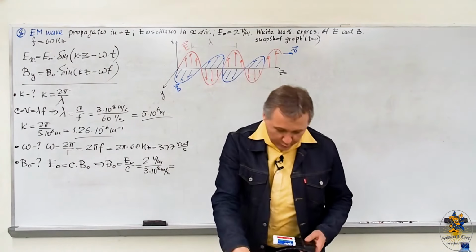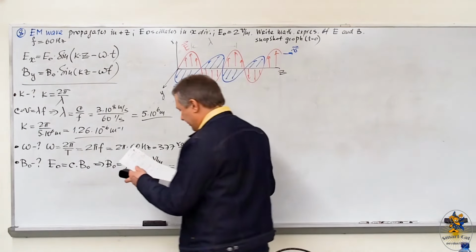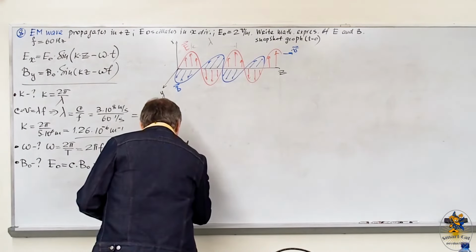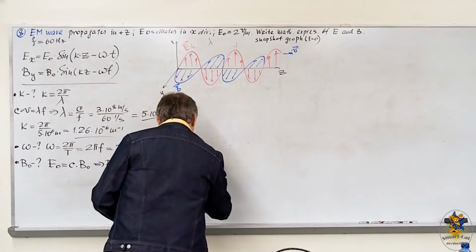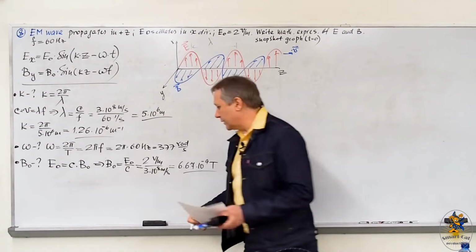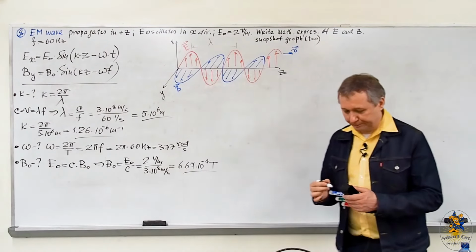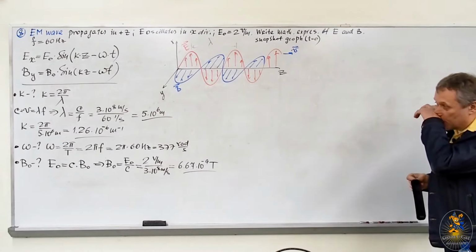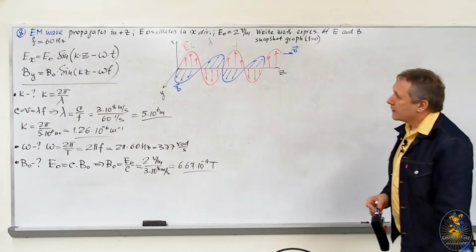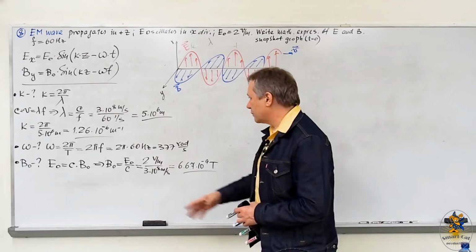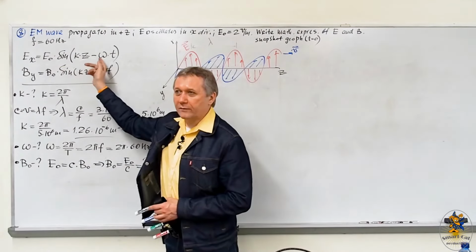Correct. All right, so the answer is going to be 6.67 times 10 to the power of minus 9. Units of tesla, of course; we know that you will end up with tesla. So that's it. Now we just need to write down the expression. But we found everything, so you just need to plug in the values.